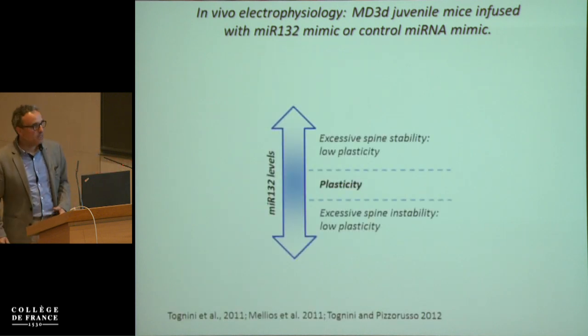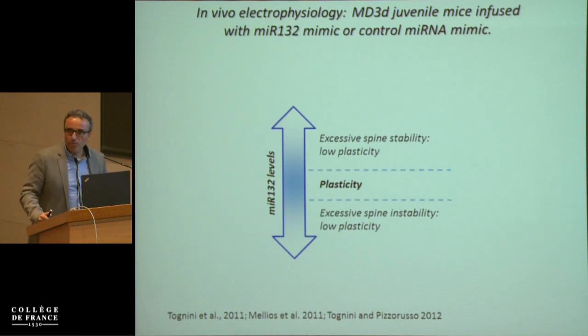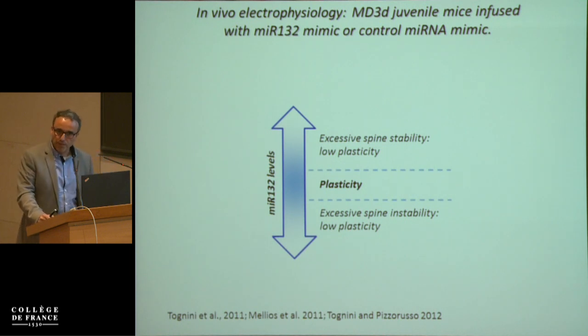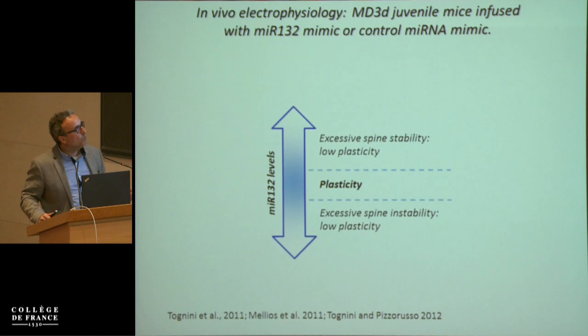While we were doing these experiments, Mriganka Sur's laboratory at MIT in Boston was also working on this microRNA, but with a different approach, using a miRNA sponge transduced with viruses in the cortex. They also found that if you completely block miR132, you also block plasticity.